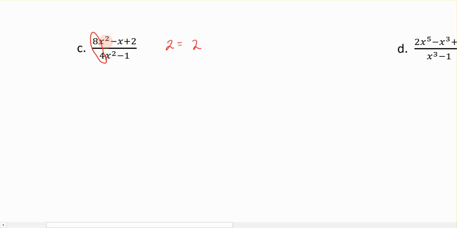So 8 divided by 4 equals 2, and therefore the horizontal asymptote is y equals 2. I mean, it's pretty easy as long as you see what to do first. So I have a horizontal asymptote at 2 here when the degrees of my numerator and denominator were the same.